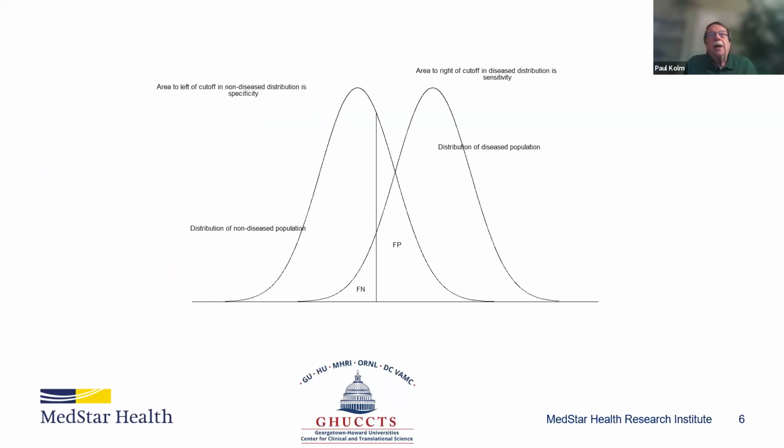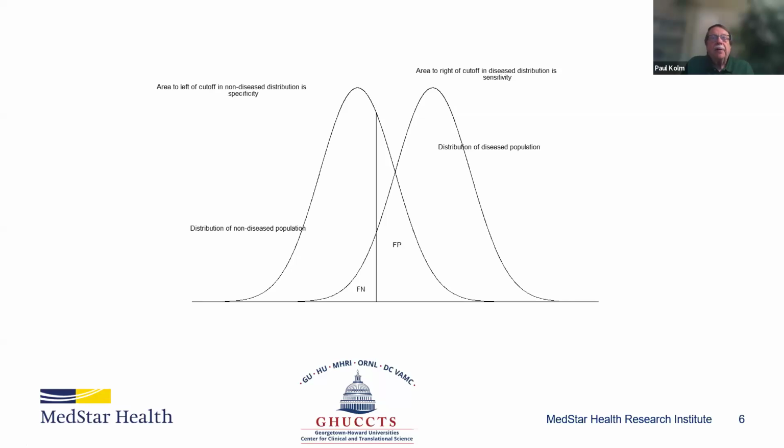So if we look at this in terms of a continuous distribution, the distribution on the right here is the distribution of diseased individuals, and the distribution on the left here is the non-diseased distribution.